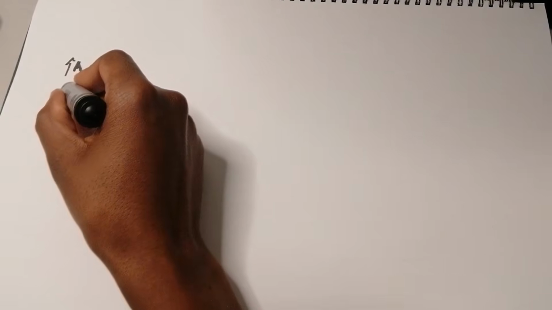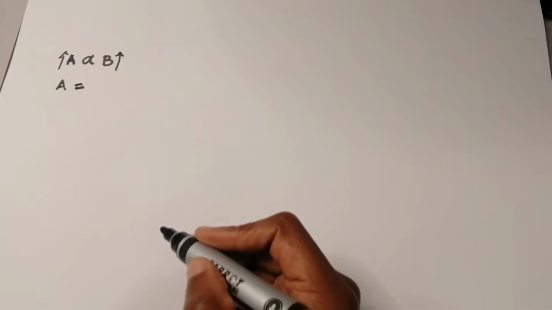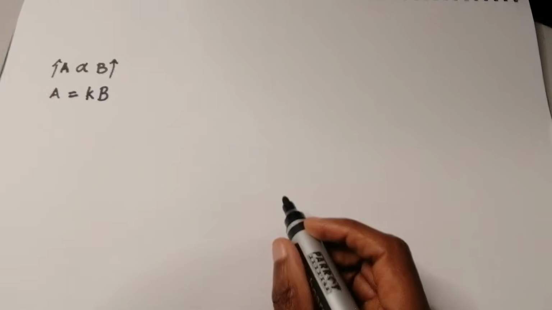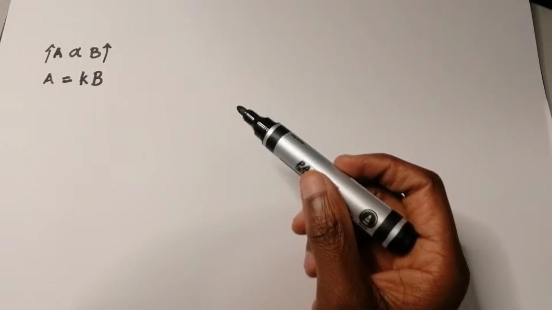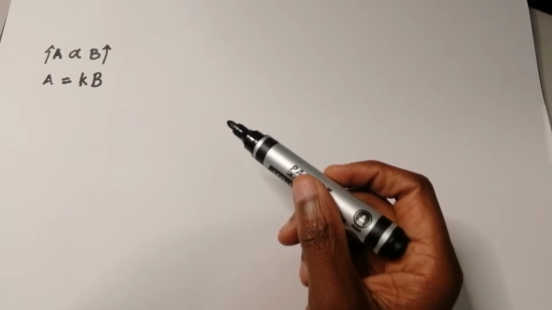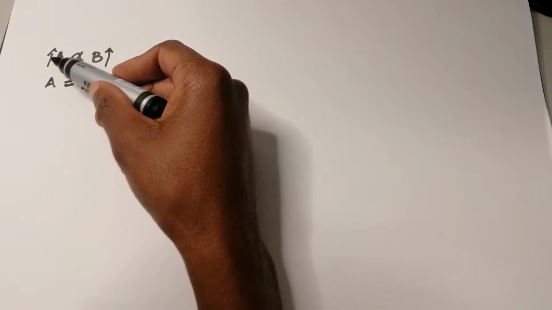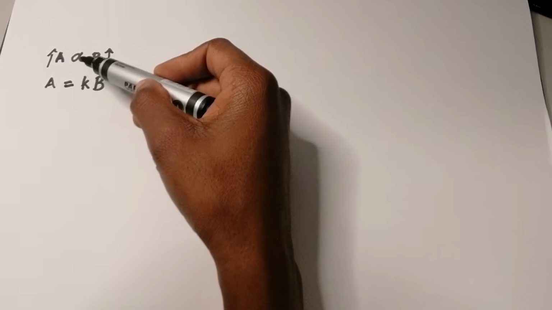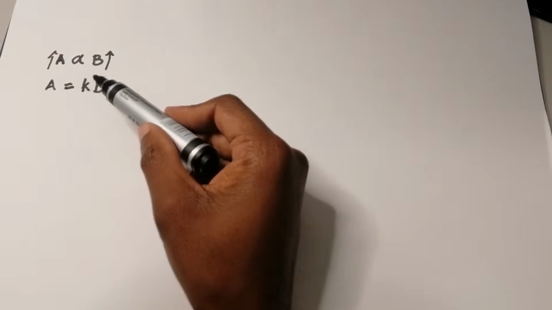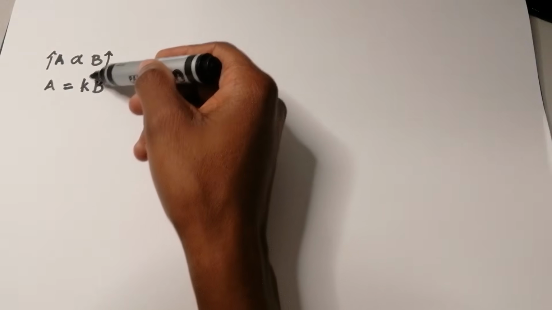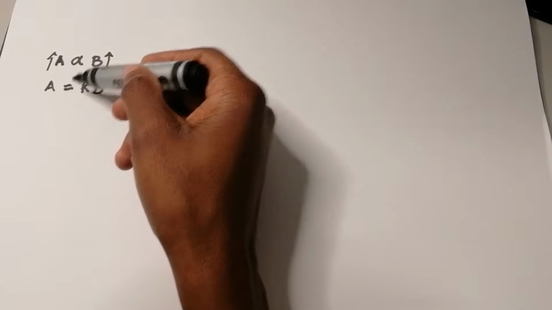In order to introduce an equal sign, we need to introduce a constant, K, multiplied by B. If I say A is directly proportional to B, it doesn't tell me by how much A increases with every increase in B. If I put an equal sign, I am saying that with every increase in B, A will increase K times.